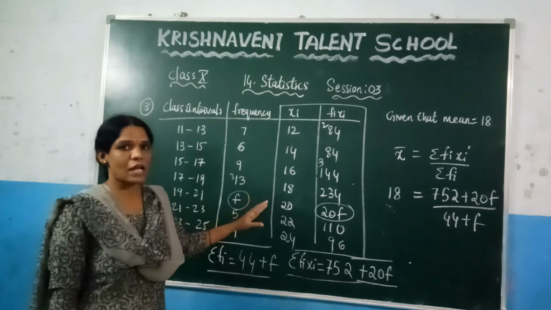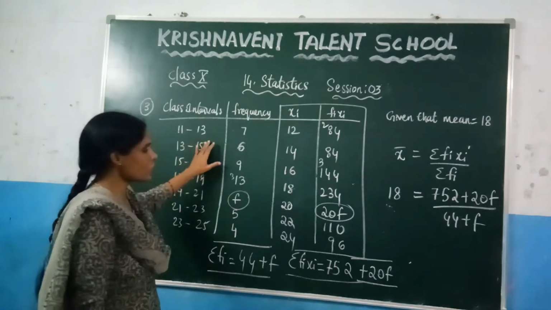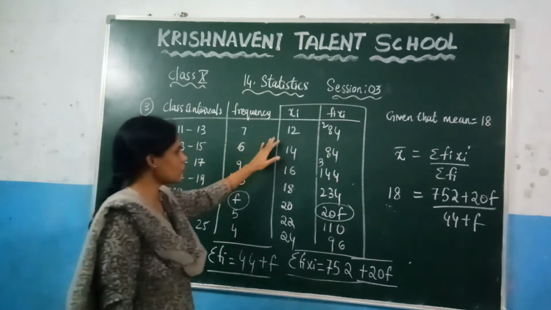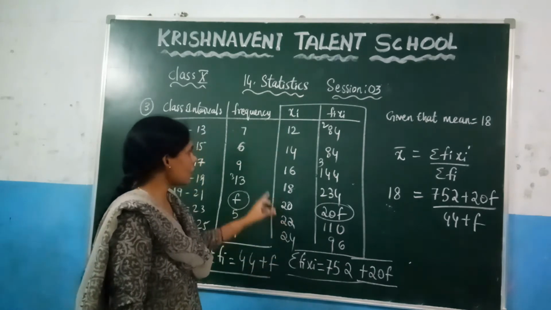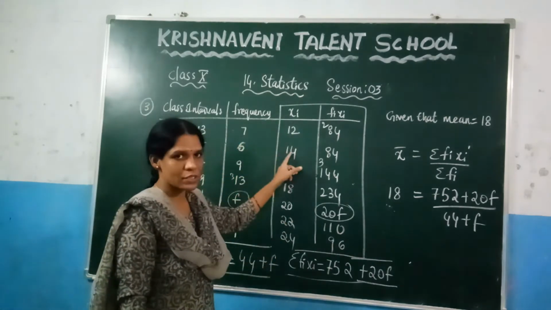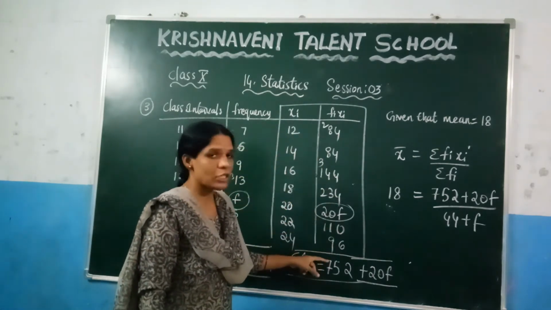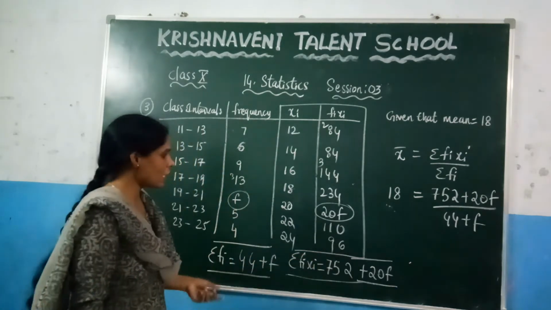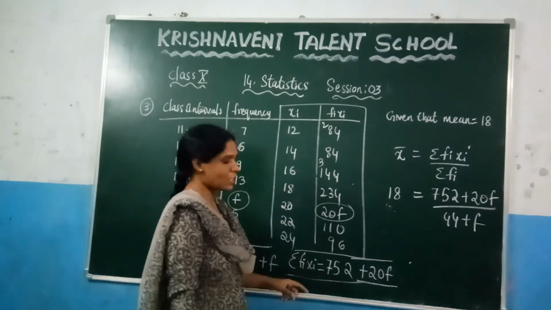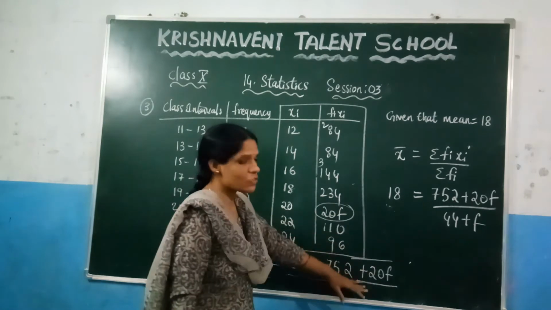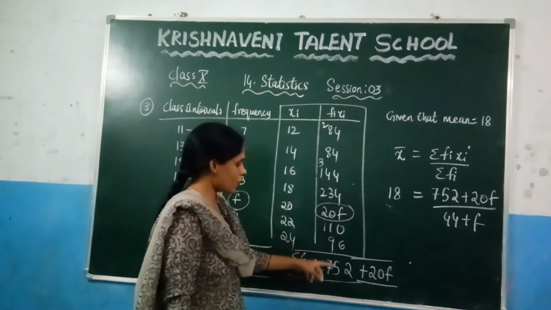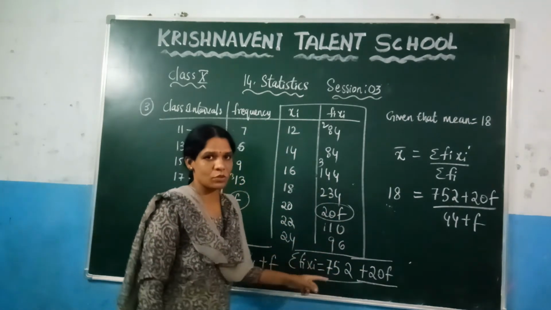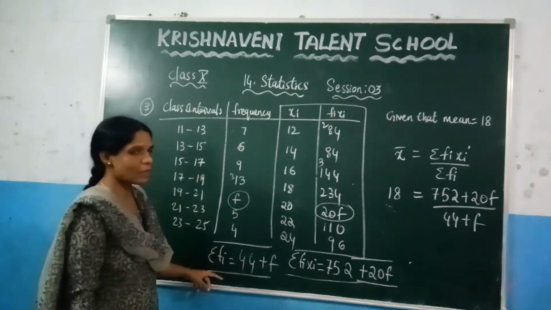For finding the class mark, you need to take the average of these two values, and after that we have written class marks, and after that you need to multiply fi xi, and after that we have added all these things. While adding these terms, you need to write 20f separately and the remaining you can add so that you are getting 752. Similarly, we have added sigma fi.